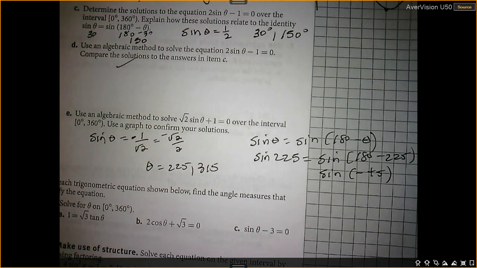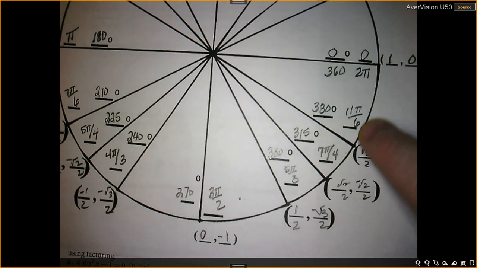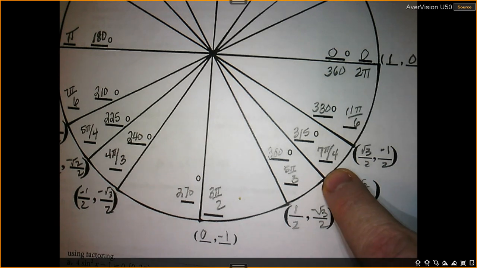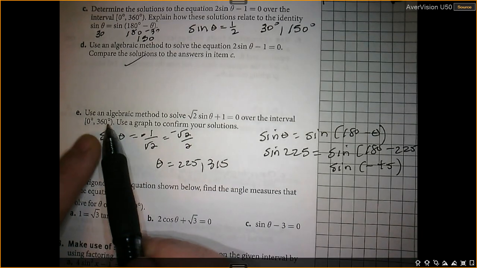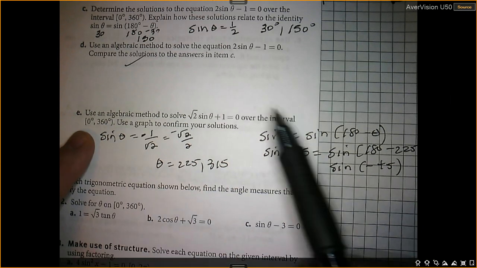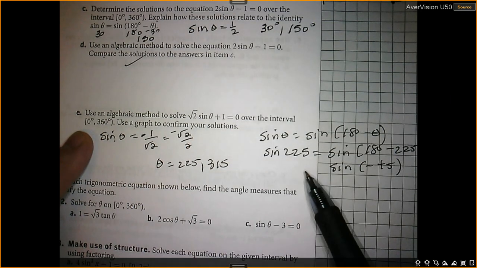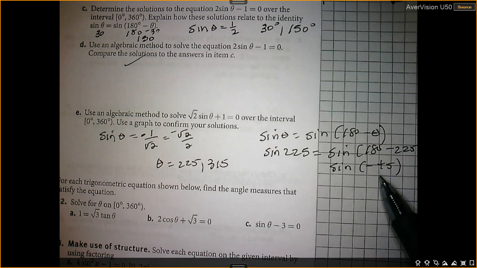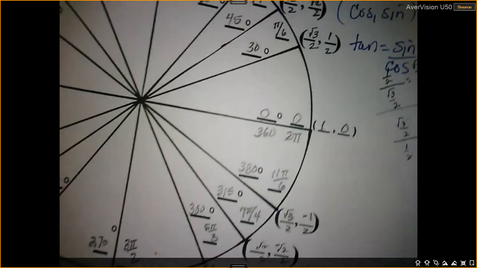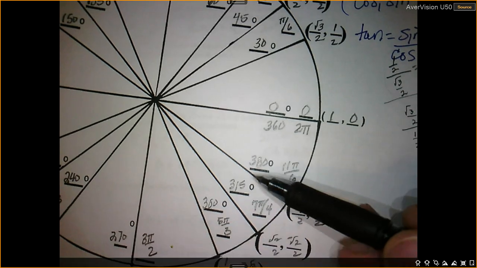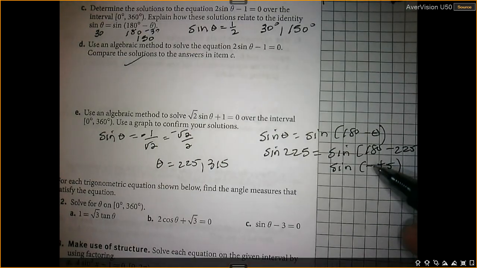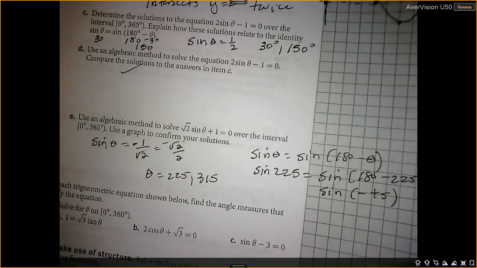If you go to your unit circle, sine of negative 45 is right there, which is 315 degrees, because it says between 0 and 360, which means you go counterclockwise. The coterminal angle of negative 45 degrees, if you go around the other way, is 315 degrees. So this identity does work. Let's keep moving.